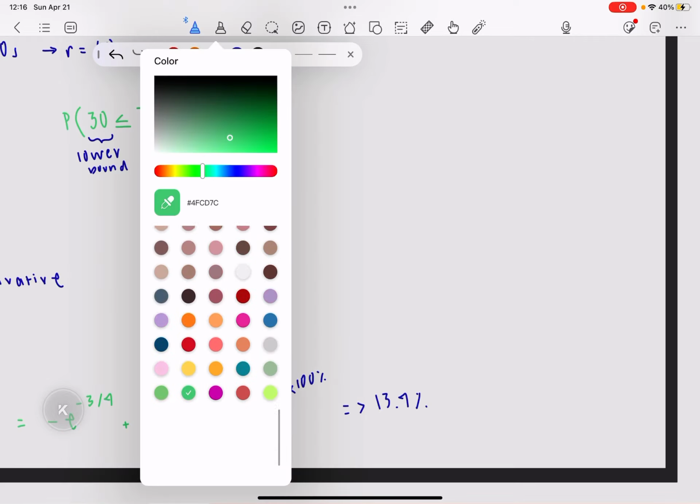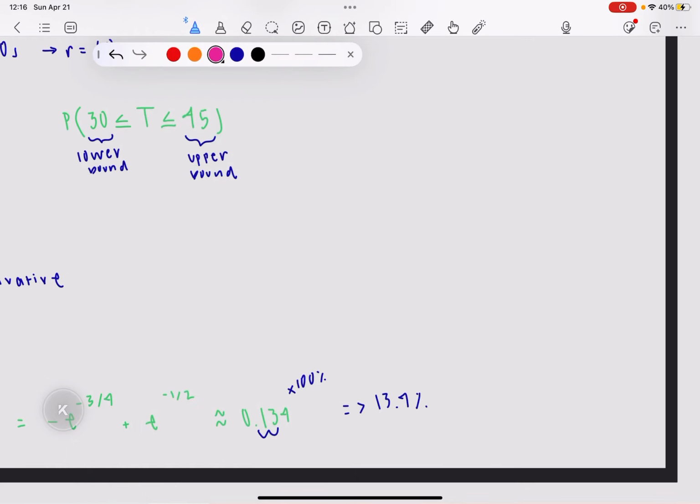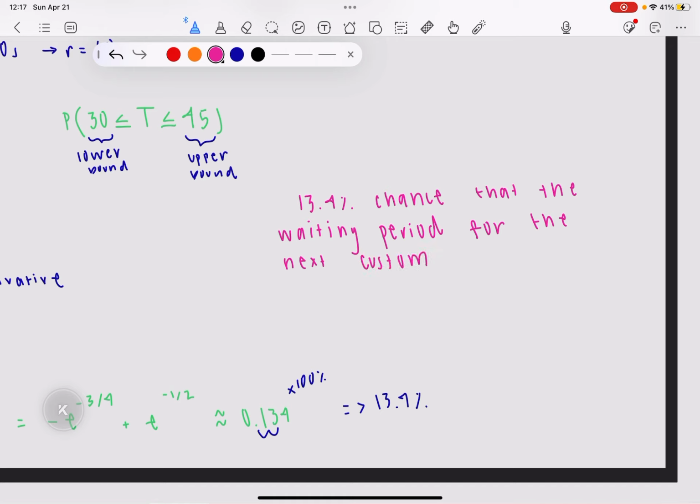Sorry, I want more color, so it's a little bit more exciting to look at once we're done here. So 13.4% chance that the waiting time, or I should say waiting period, for the next customer will be 30 to 45 seconds.